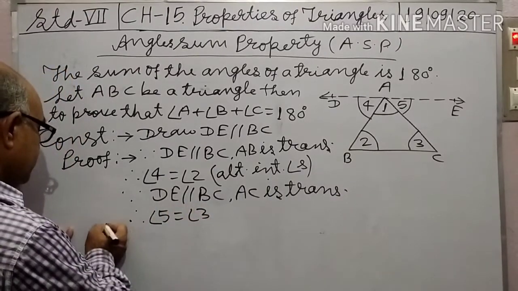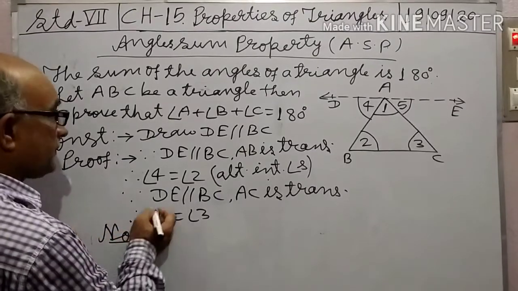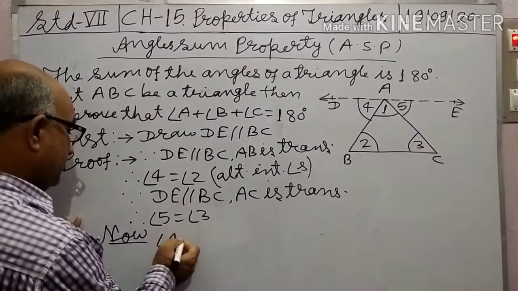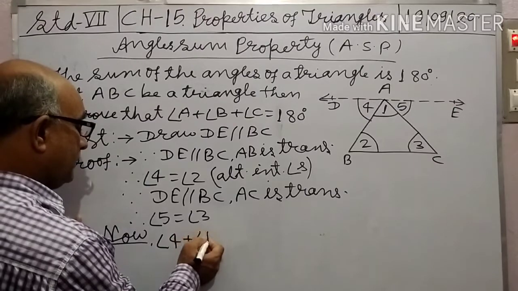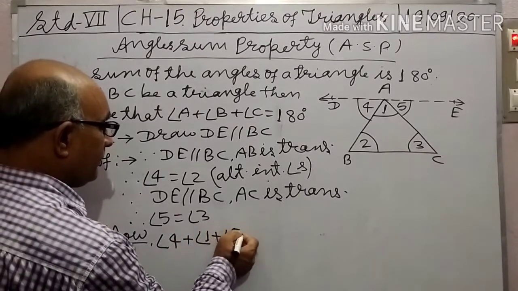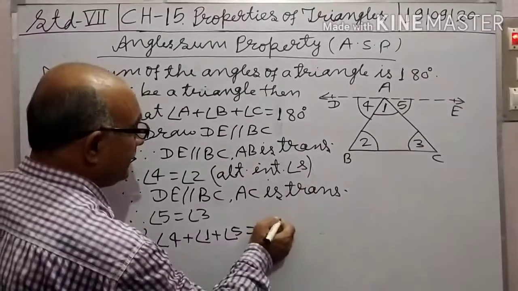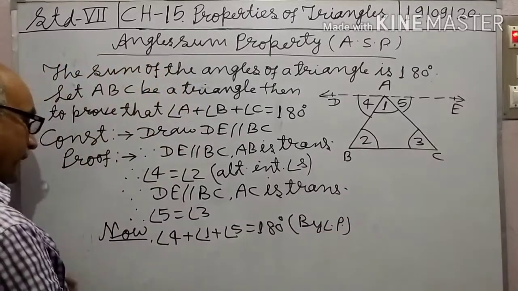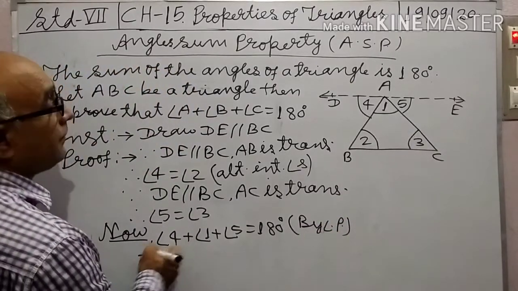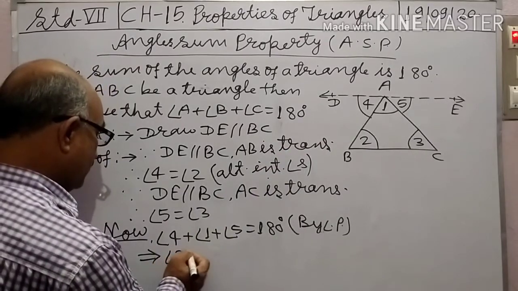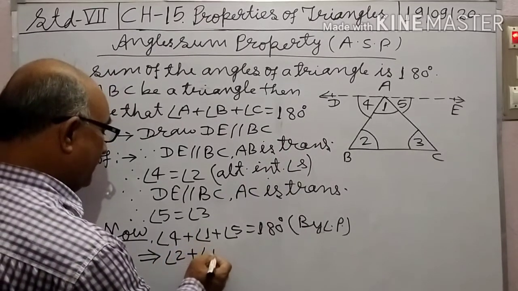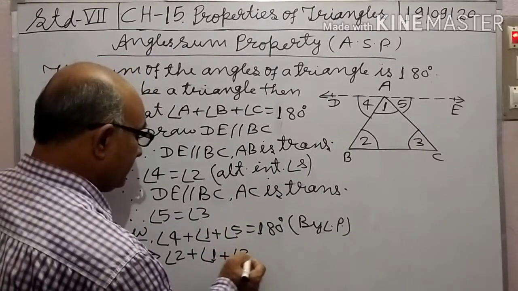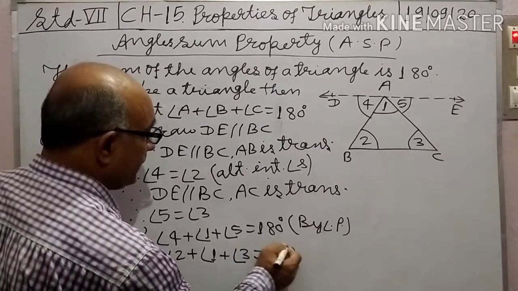Now here angle 4 plus angle 1 plus angle 5 equal to 180 degrees by linear pair. That implies angle 2 plus angle 1 plus angle 3 equal to 180 degrees.